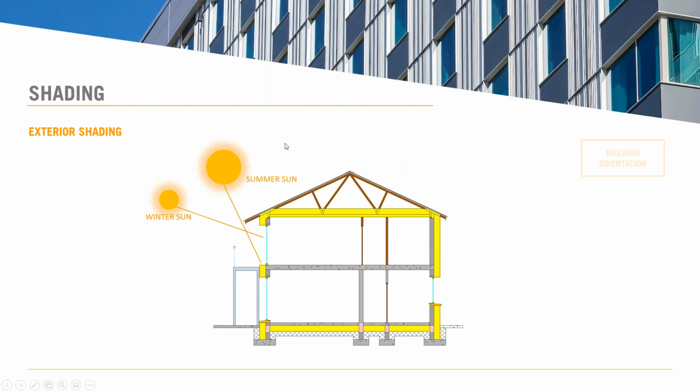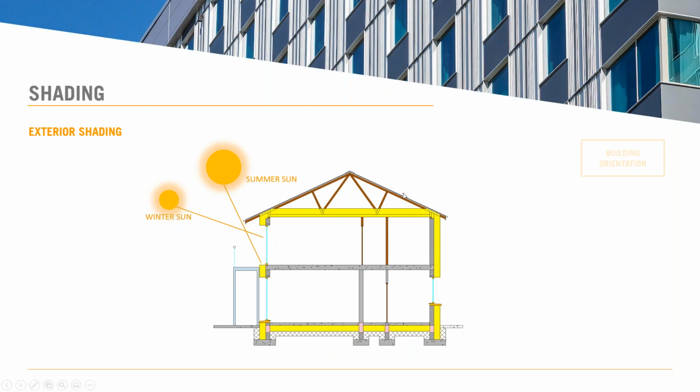So once you've done everything you can from an orientation perspective, we're going to look at exterior shading. Where possible, put overhangs to block out that direct summer sun while potentially allowing winter sun to help you with your heating load in the winter. The windows are the only piece of the envelope that allow you to control so many things, impact views and light and heat.